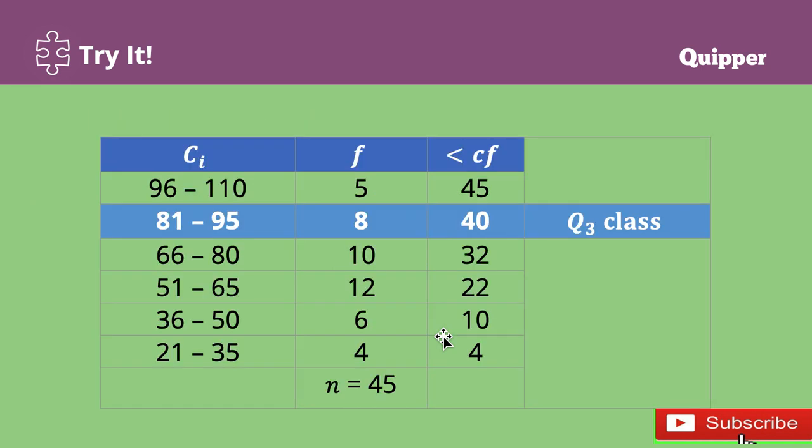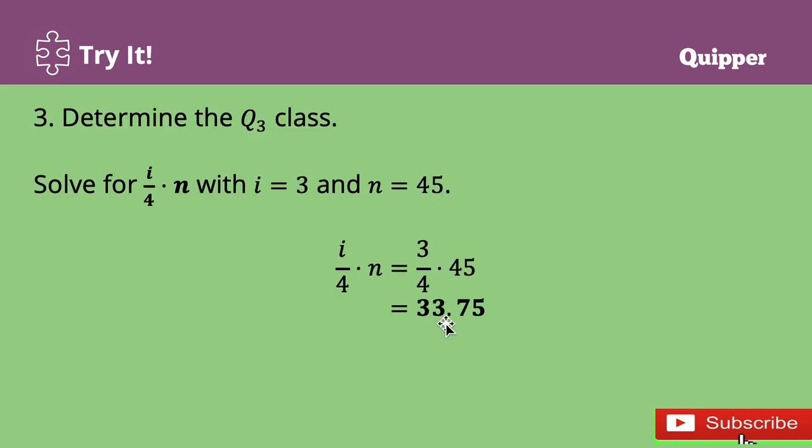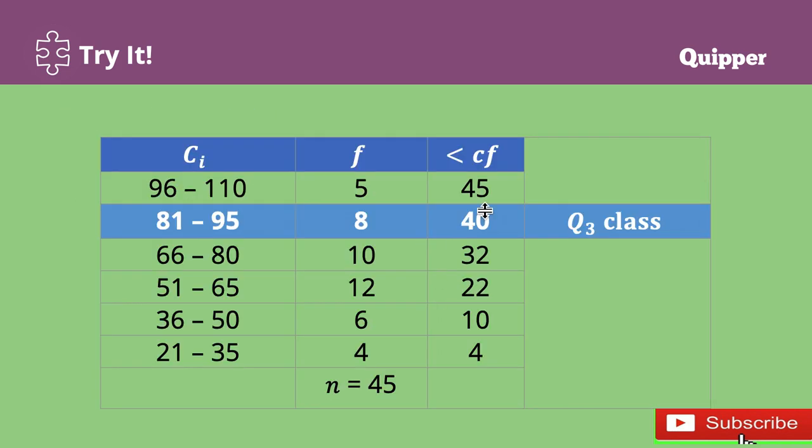So we are looking for the closest less than cumulative frequency that is greater than 33.75. And that is 40. So this is now our third quartile class.